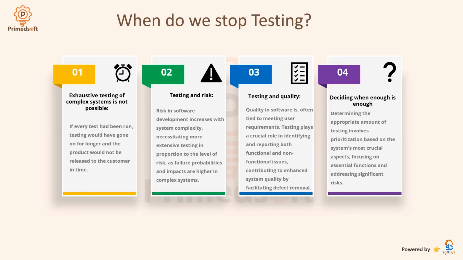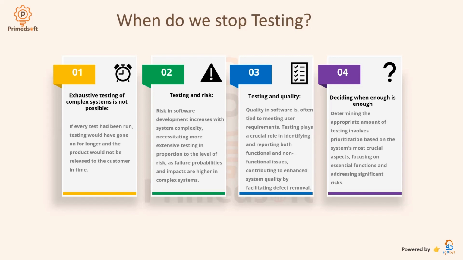So risk in software development increase with system complexity, right? Necessitating more extensive testing in proportion to the level of risk, as failure probability and impact are high in complex system.